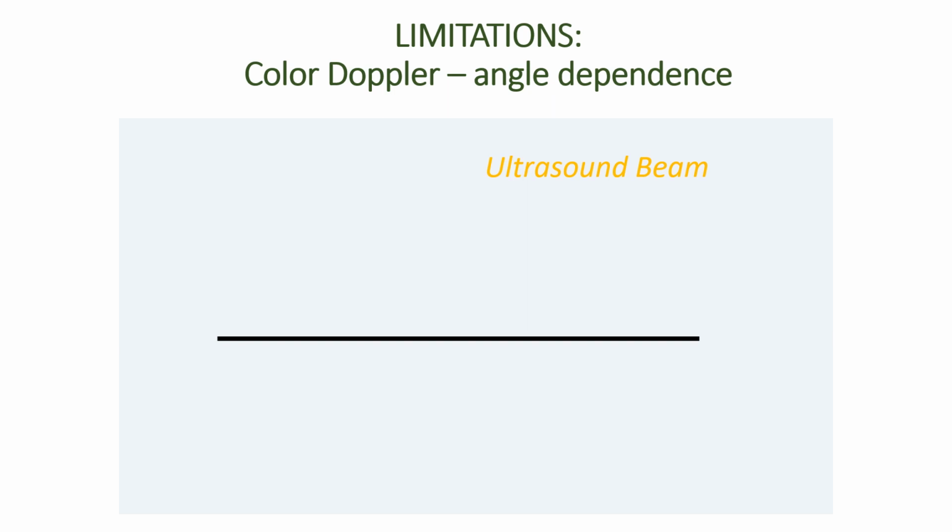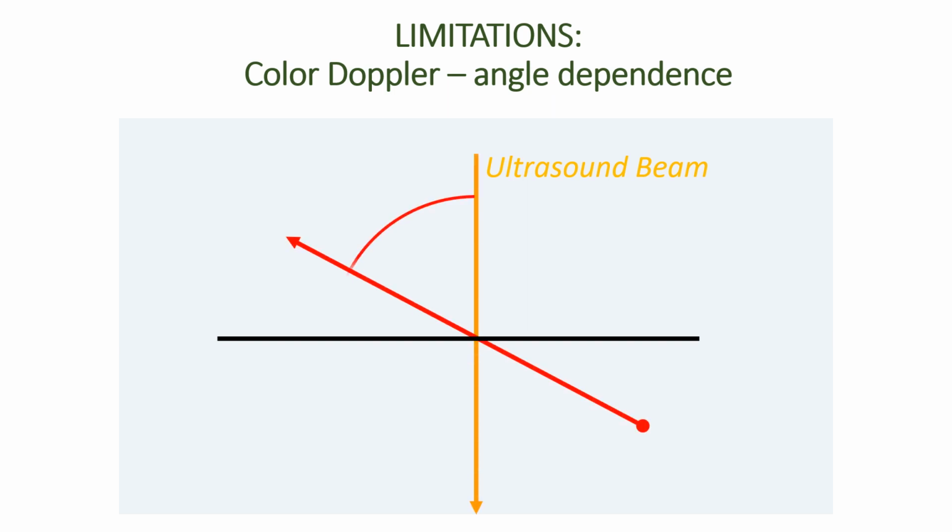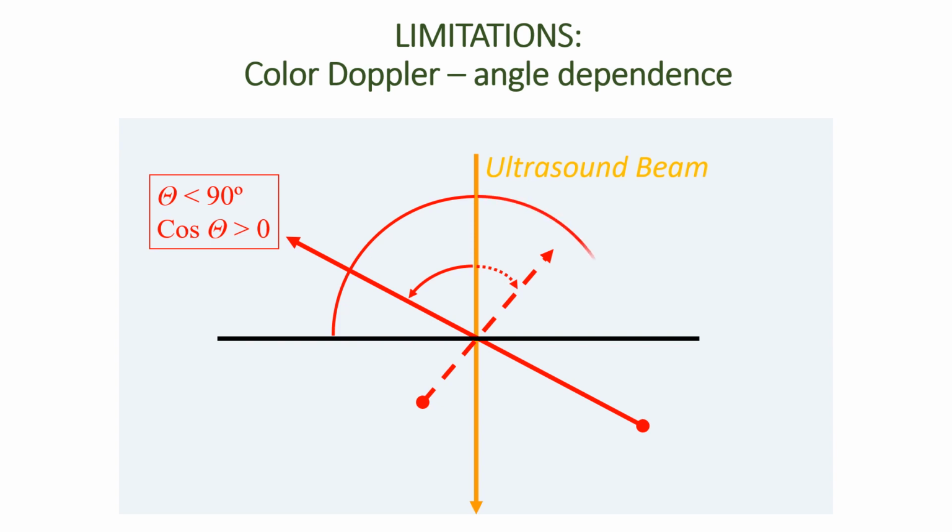The color Doppler uses the same Doppler equation to assign different colors to different directions of the flow. When the blood flows towards the ultrasound beam, in other words, at an acute angle to the beam, it is depicted as a positive part of the color scale.